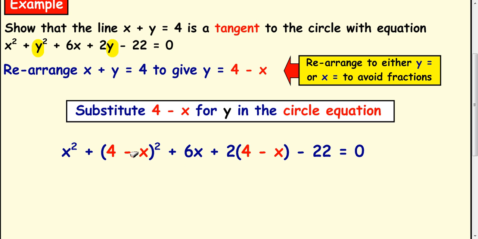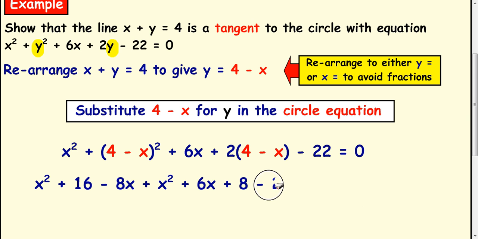So you can write 4 minus x times 4 minus x, like we did in the last lesson, or if you're quite good at it, you can do 4 times 4 is 16, take away 4x, take away another 4x, which will be negative 8x, and then a plus x squared, so that's 16 minus 8x plus x squared. We've now got this plus 6x, and then we've got 8 from the 2 times 4, and take away 2x. Take away 22 equals 0.